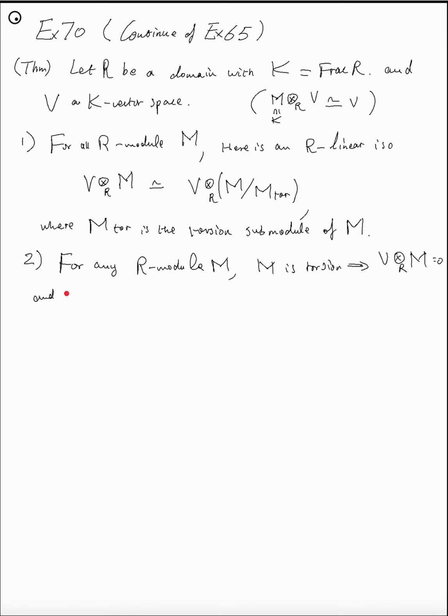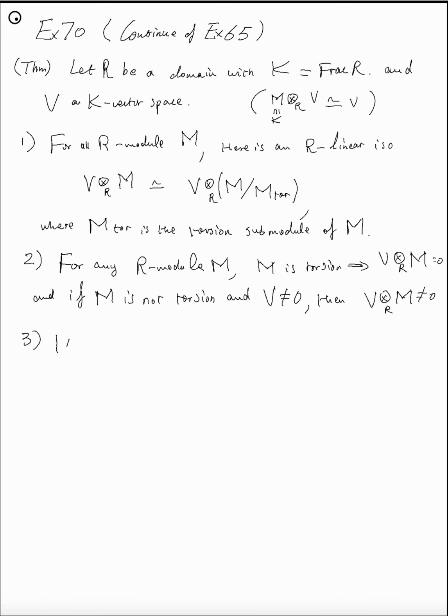So the main part is the following: if M is not torsion, and if V is not 0, so recall V is a vector space, then this is non-zero. Whenever you want to check a tensor product is non-zero, it requires some work.